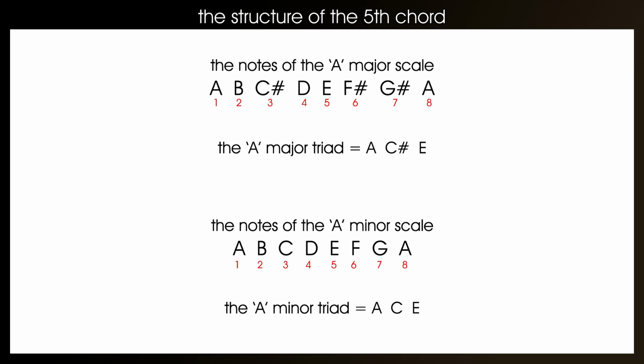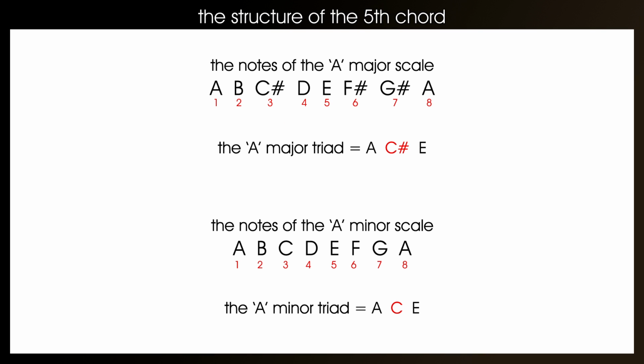And if we take a look at the triads of both these scales, you'll see that the A major triad has got an A, C sharp and E, whereas the A minor triad has got an A, C, E. So the only difference between the two triads is the third, which is the C and the C sharp. So if we were to remove these, there would be no difference in the two chord structures.